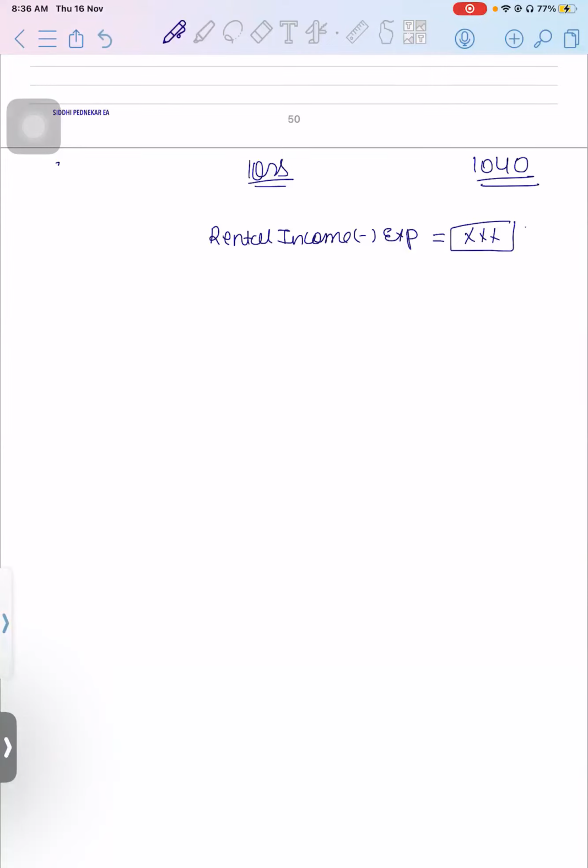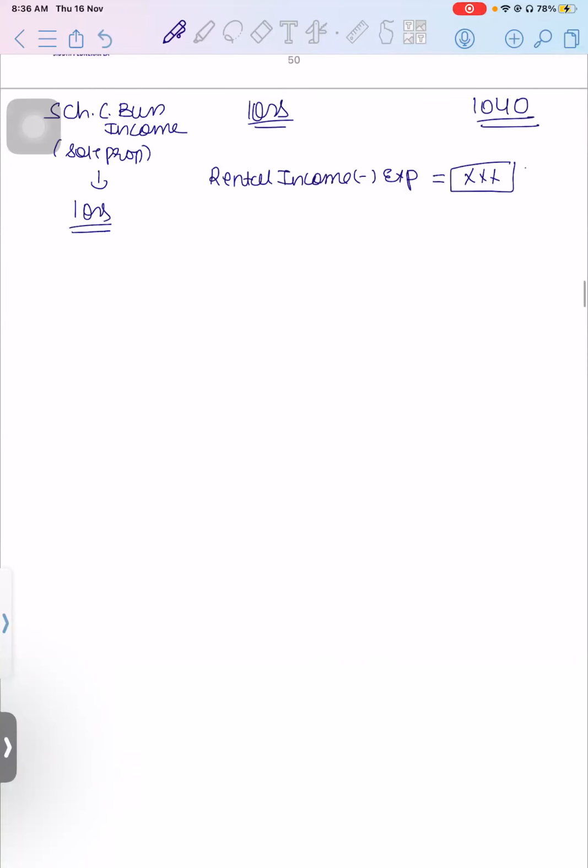Same way for a Schedule C, a business income as a sole proprietor. Okay, as a sole proprietor, there can be a loss. Same way in case of partnership firm or an S corporation, when you are going to receive the K1, there can be a loss in that company also.